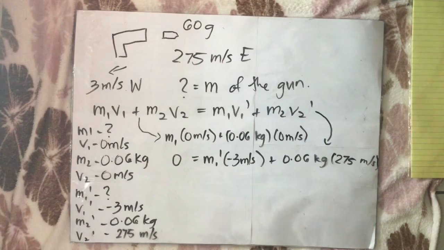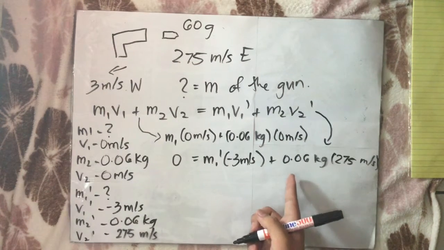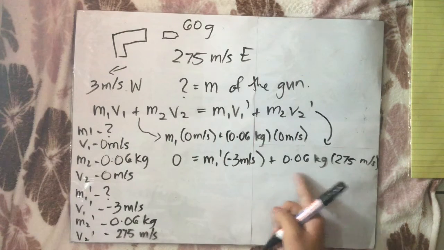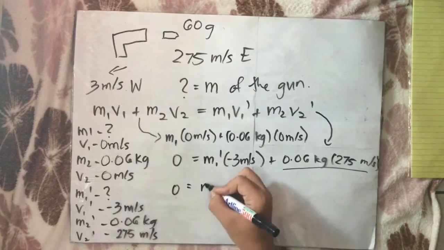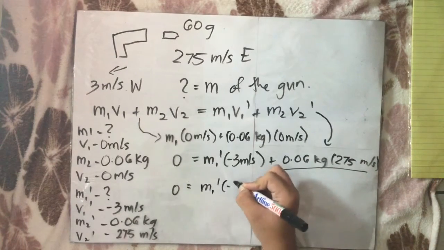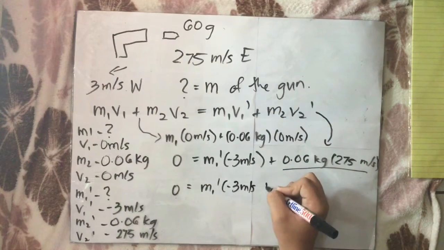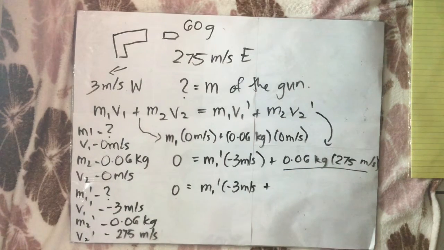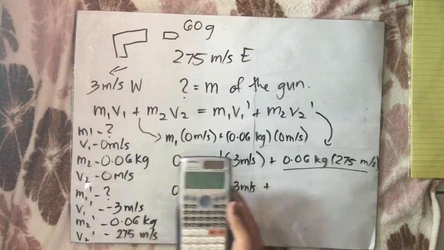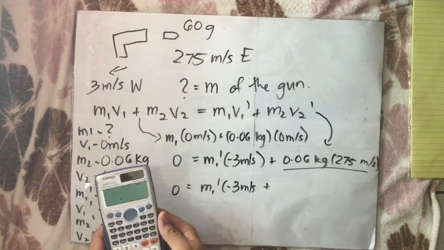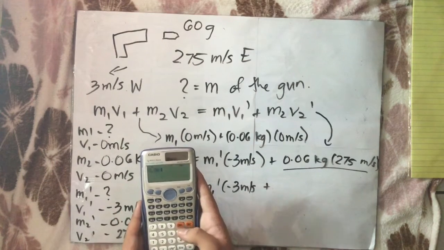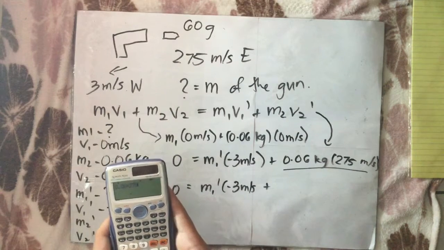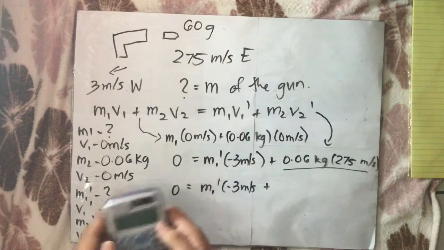So 0 is equal to M1 after times negative 3 meters per second plus, use your calculator to solve this, 0.06 multiplied by 275 is equal to 16.5.